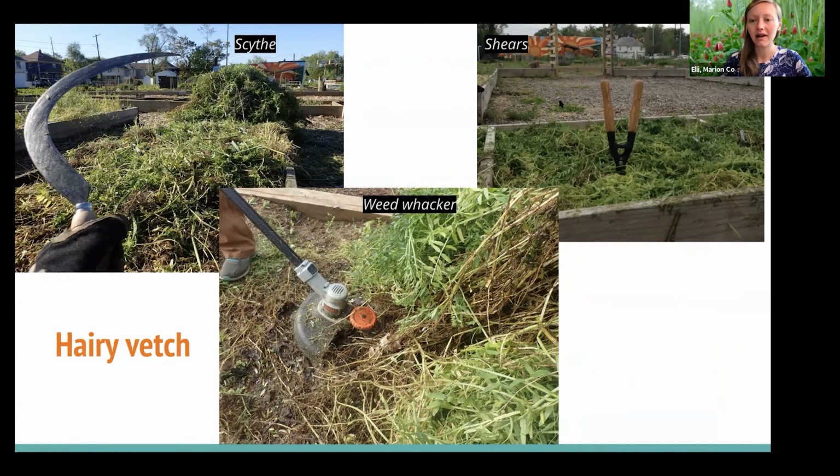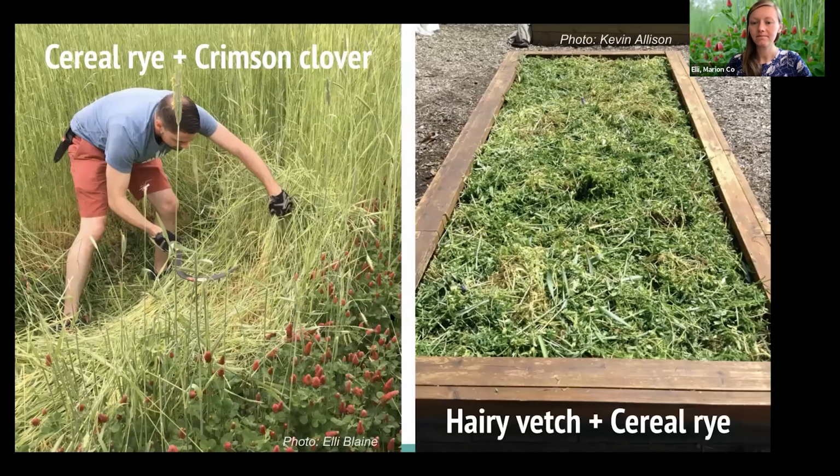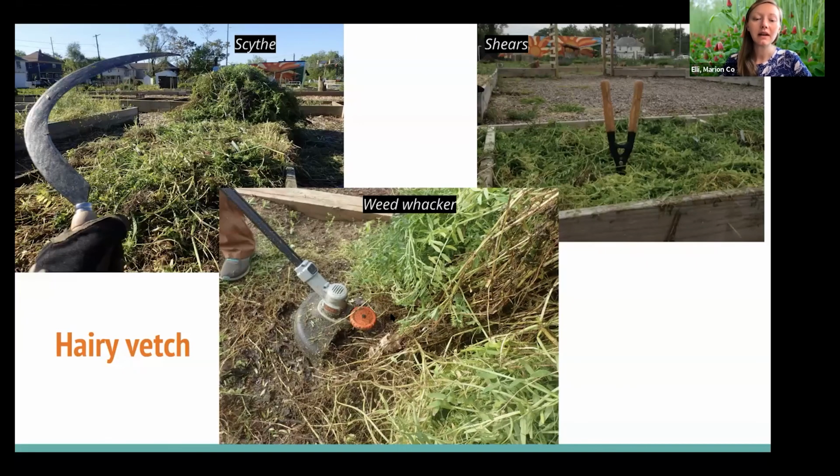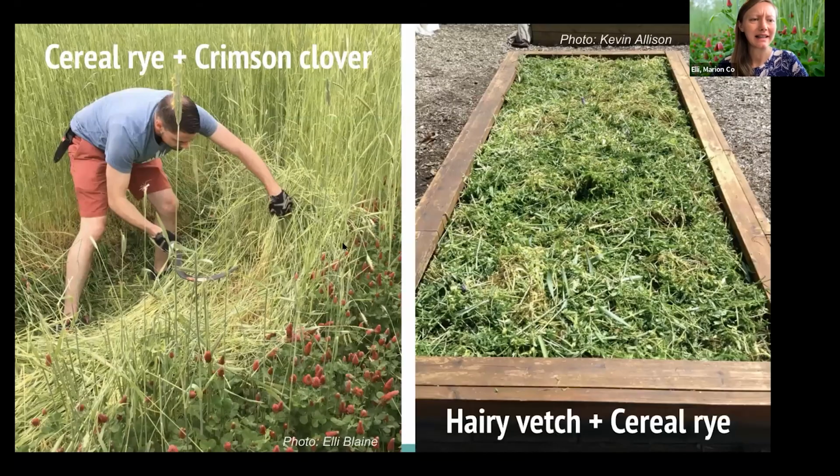You can use a weed whacker or shears, and you'll want to cut right at the base of that cover crop, right where the roots meet the soil. And then depending on what you're doing with that bed, you can either take off that mulch, add it back, or manage it on that bed individually. Sorry, I didn't say that very well.